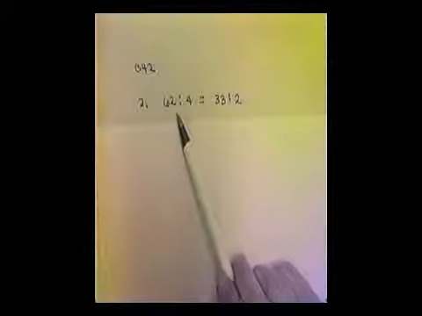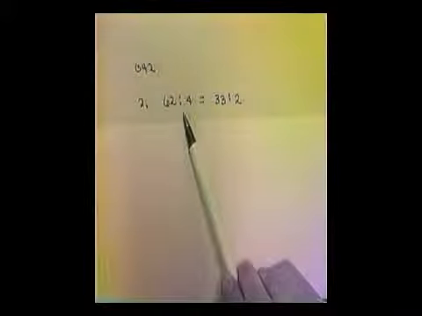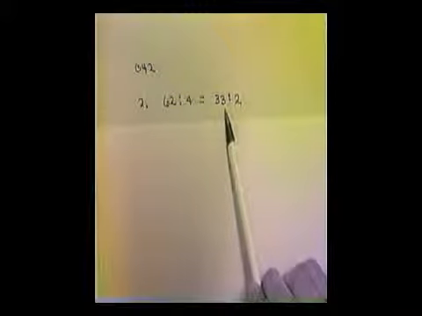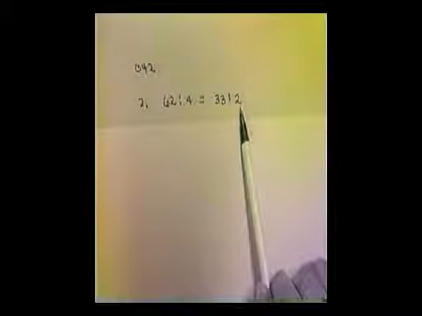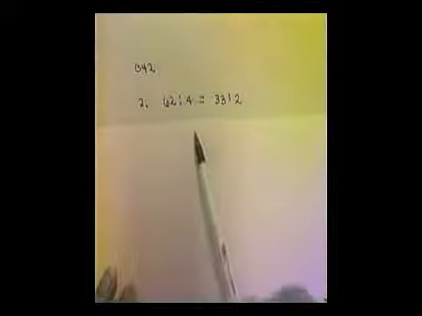Let's look at an example with colons. If we have 6:2 to 4 is the same as 33 to 2, we want to know if this is true or not. So we want to multiply the means and the extremes and see if they are equal.